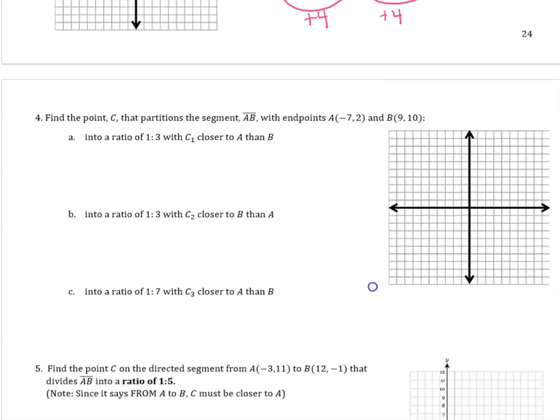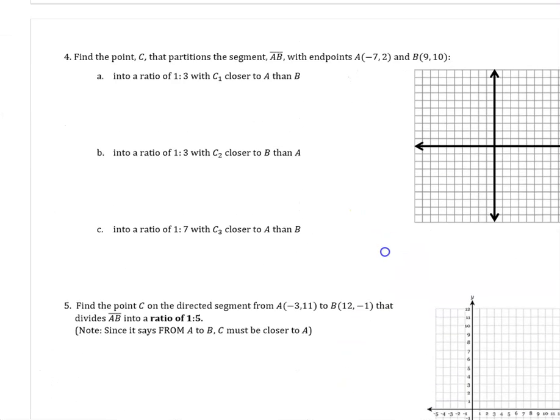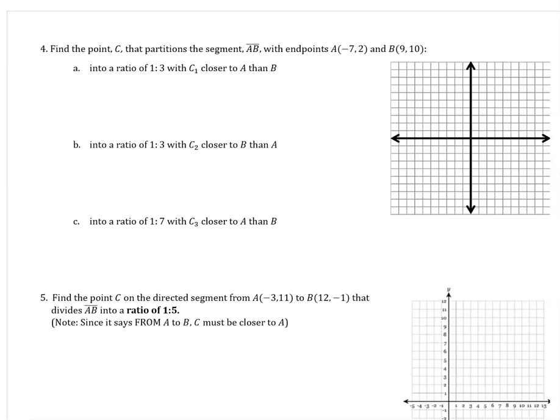All right, so let's amp it up a little bit. I want to find point C that partitions, which means splits, the segment AB with endpoints A being at (-7, 2) and B being at (9, 10), into a ratio of 1 to 3, with C1, as we're going to call it, being closer to A than to B. First, let's get a little visual here.